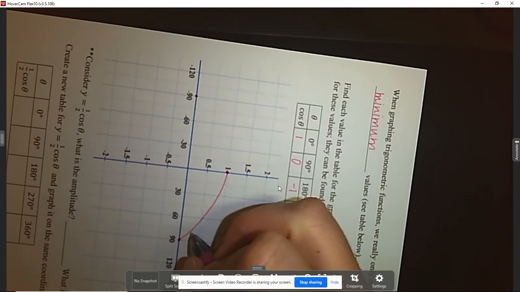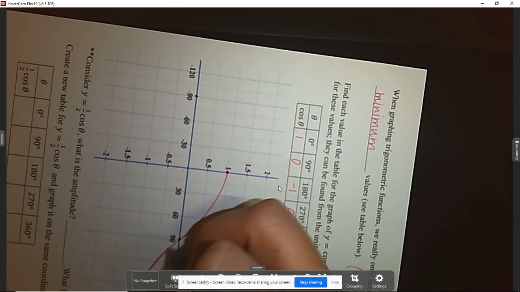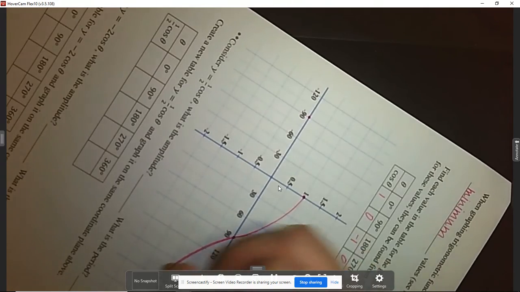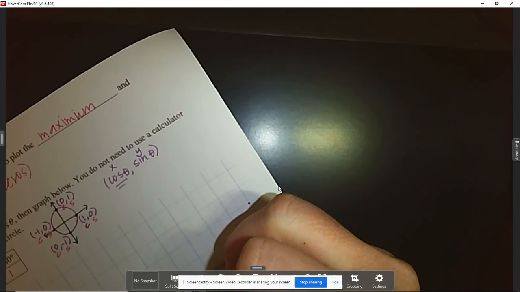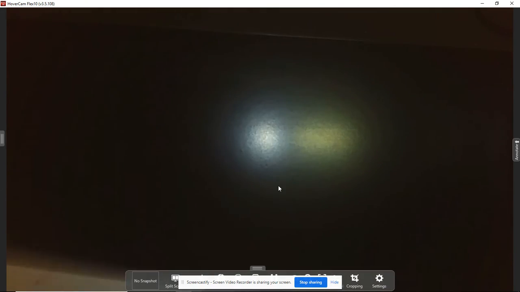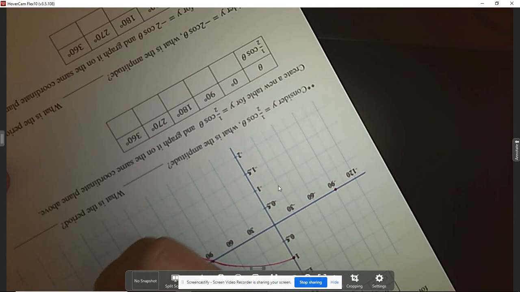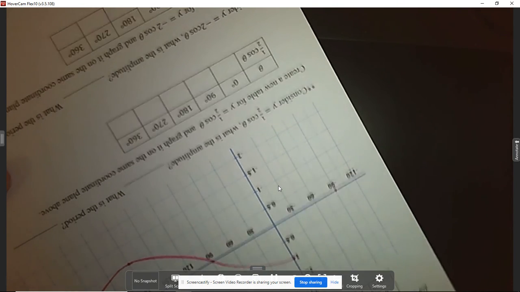These are not as challenging to draw, in my opinion, when you're trying to pass through fewer points. Okay. Not the prettiest curve, but it will work.